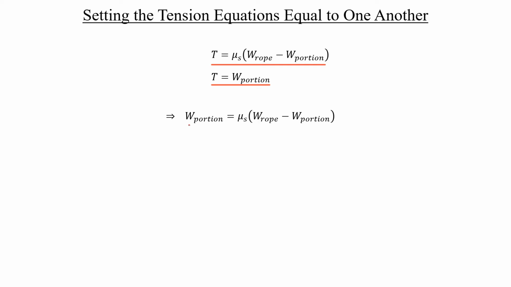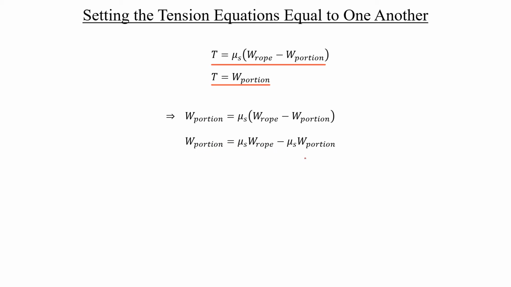And the first thing I would like to do is distribute this coefficient of static friction to both of these weight terms, which will look like this. And since we don't know anything about weight, let's exchange weight for mg, but we'll have to be careful about what m we're looking at.